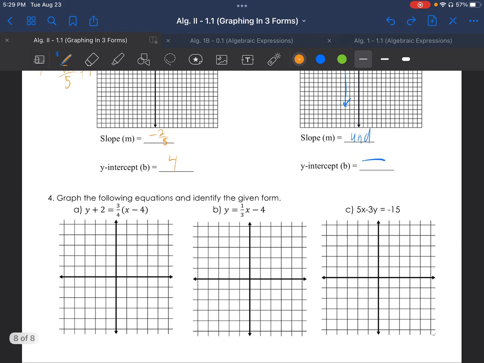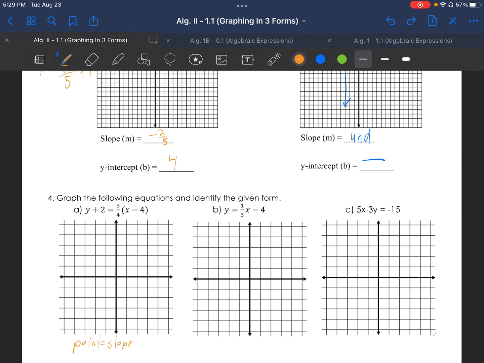All right, last but not least, we have example 4 with A, B, and C parts. Graph the following equations and identify the form. Okay, so A is point-slope form. You can tell because we have y plus or minus a number, x plus or minus a number, and a number outside the parentheses.